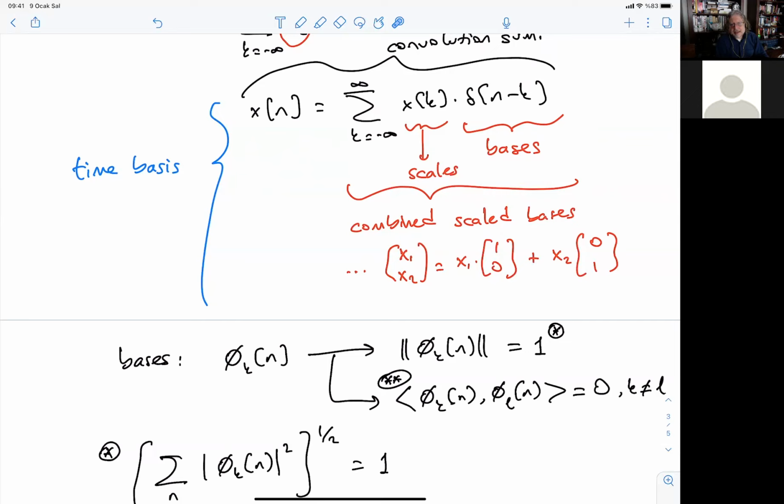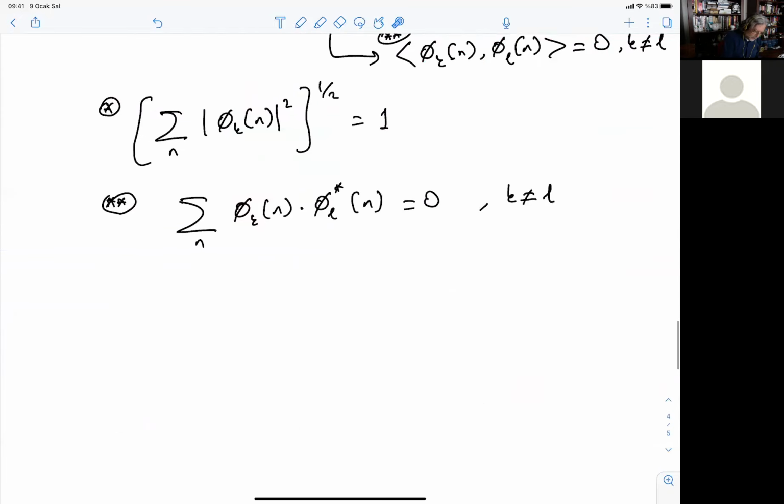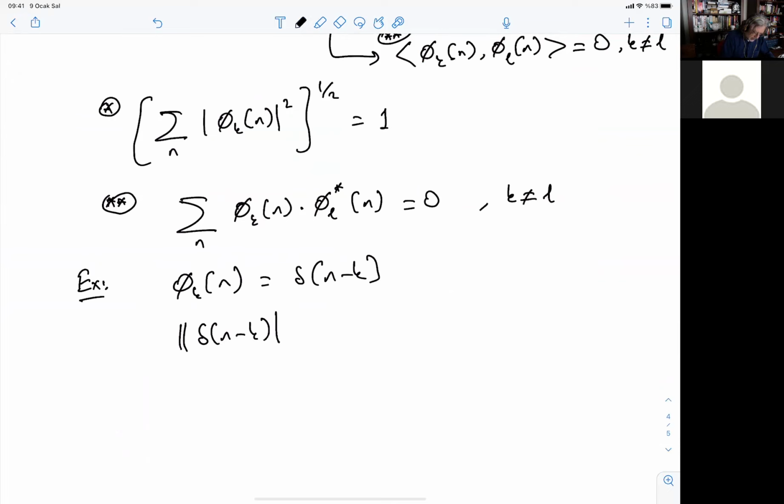And the answer is yes, they are orthonormal because they have unit norm, first of all. What's the norm of this example? Phi sub k of n is equal to delta n minus k. What is the norm of delta n minus k?